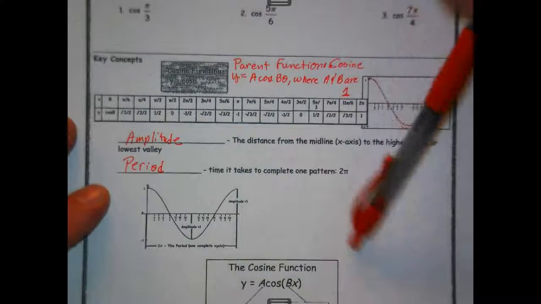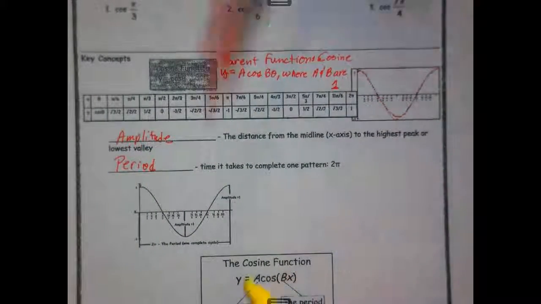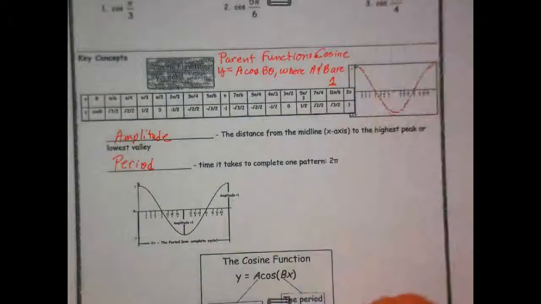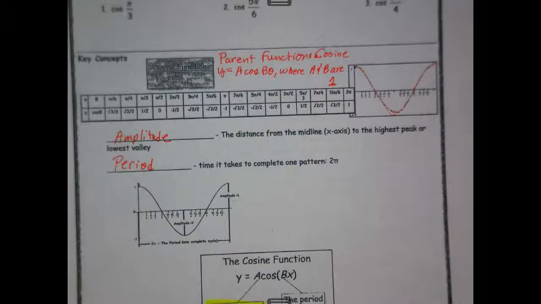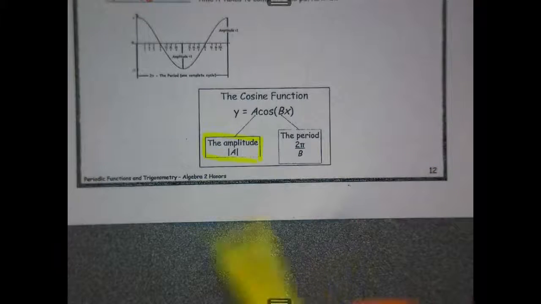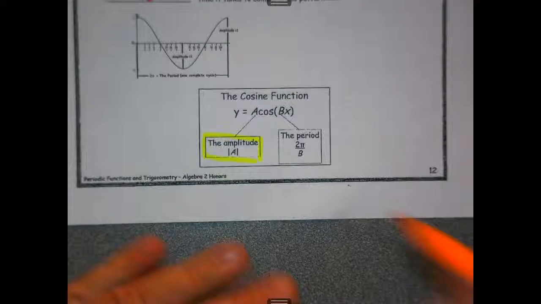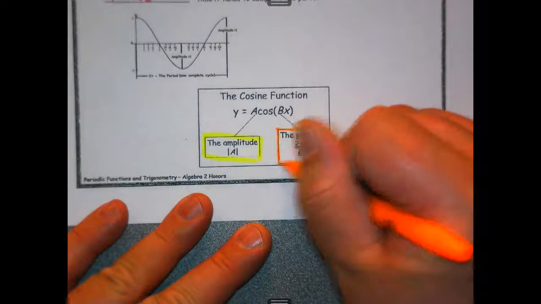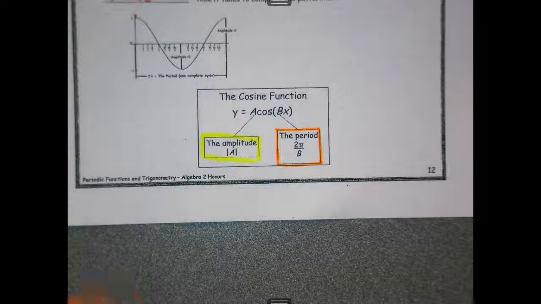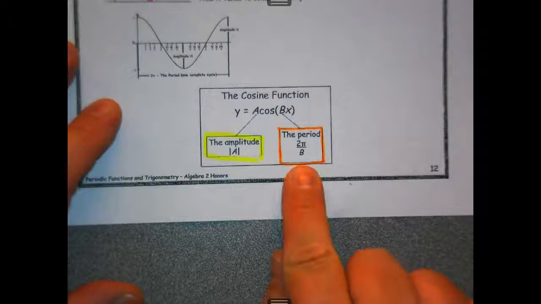We learned a couple of formulas yesterday. If we have an algebraic way to find amplitude, it is the absolute value of little a. And then the period is 2 pi over b. By the way, if I was looking for b, what's the formula?